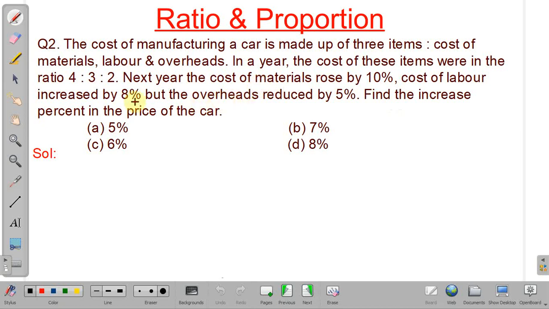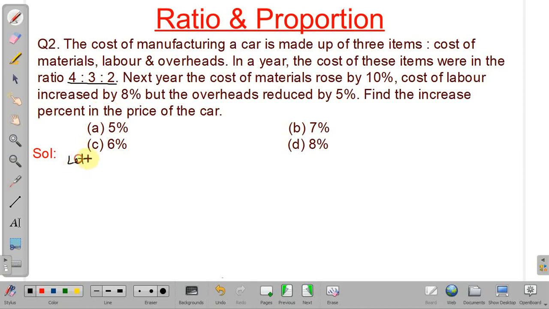So as the ratio of cost of material, labor and overhead is given as 4:3:2, on this basis we can assume the cost of each component.